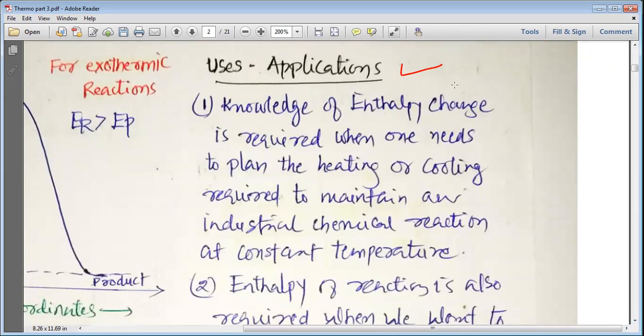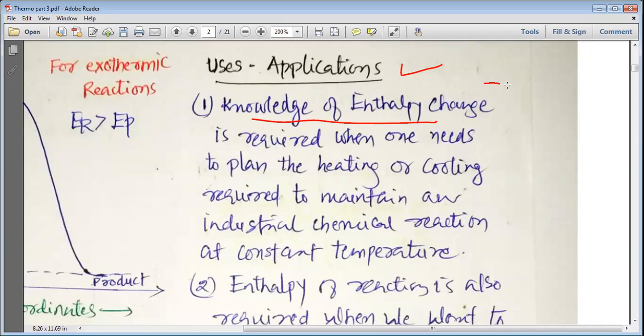Now, what are the applications of the enthalpy of reactions? Knowledge of enthalpy change is required when one needs to plan the heating or cooling required to maintain an industrial chemical reaction at constant temperature.